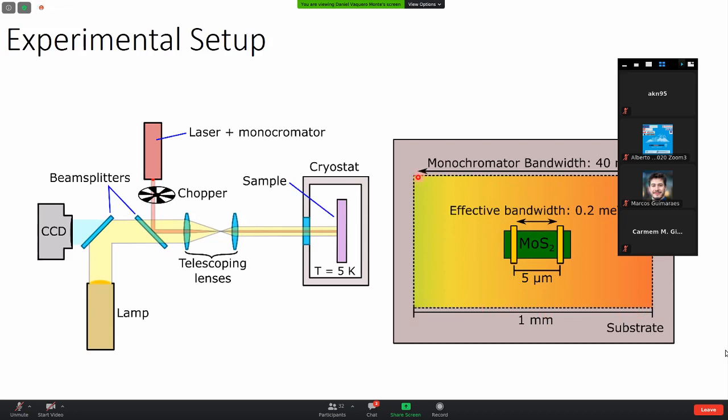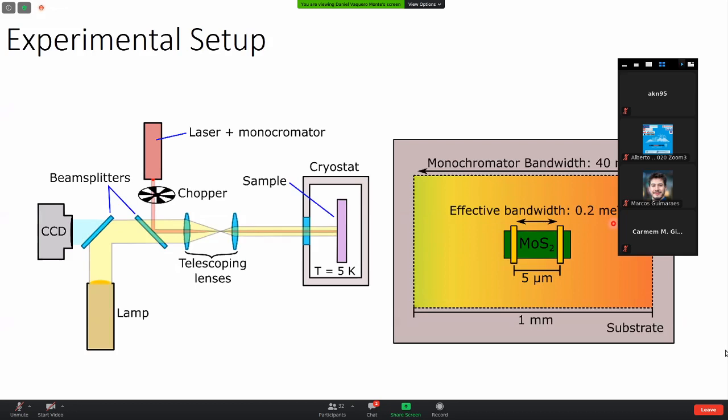But for us, the important part of this beam is the optically active zone of the device, that is between the drain and source of the phototransistor, and the sample acts as a secondary slit that gives us an effective bandwidth of 0.2 millielectron volts, giving us a very high spectral resolution.